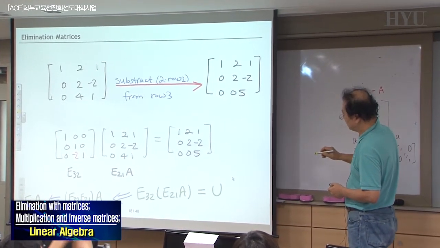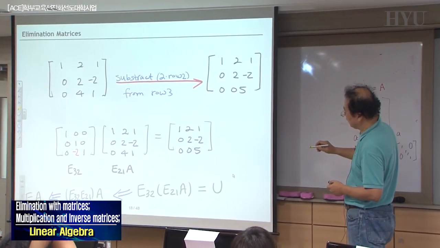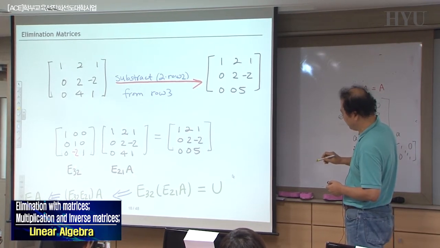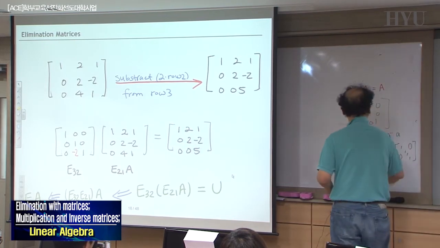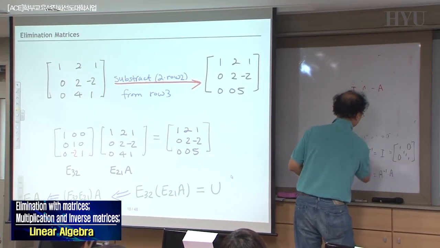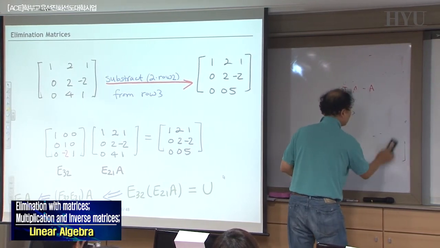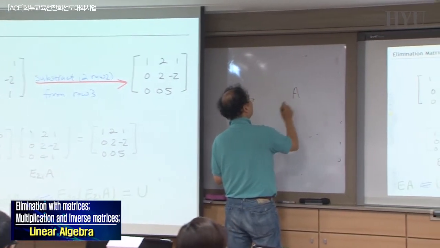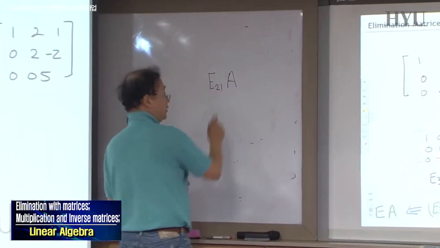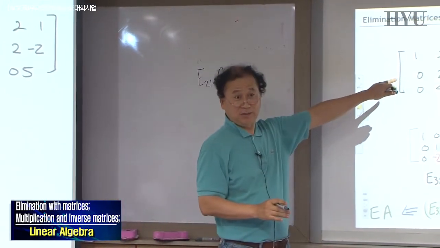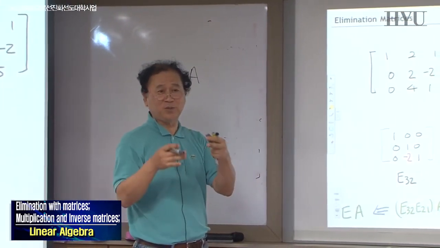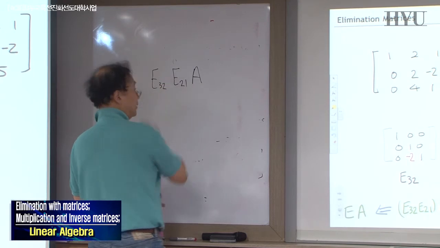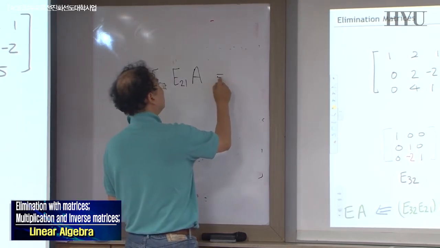From the previous one, the result was E21 times A. Initially we have A, then we multiply by E21, and the intermediate result is this one. Then another operation between row 2 and 3, now it's E32. What we got was U, right?